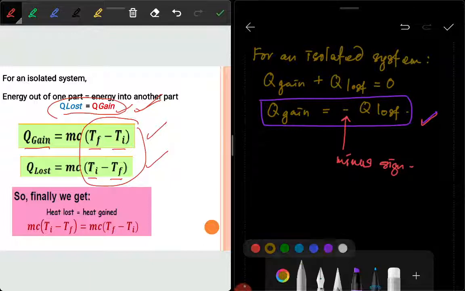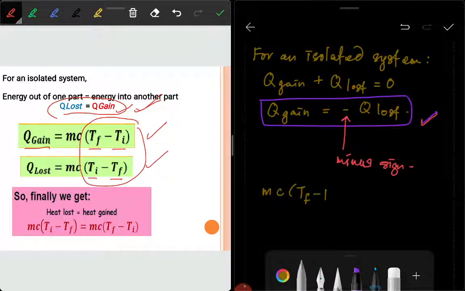For this one, I expand the equation. Heat gain here is equal to mc, here is final temperature minus initial temperature. This is for the heat gain. And then for the heat loss, minus mc delta T. Delta T here is also final temperature minus initial temperature. This is for the heat loss.